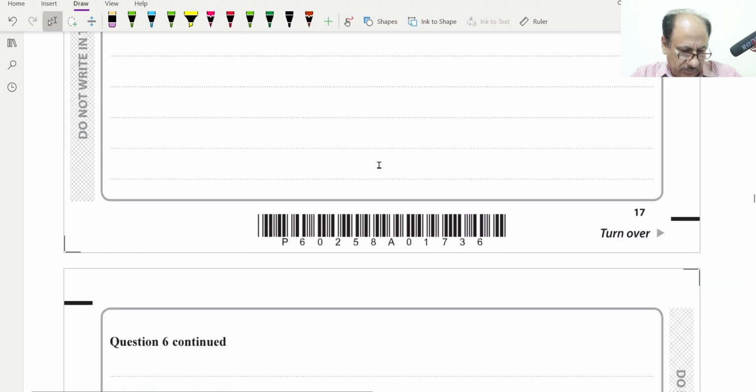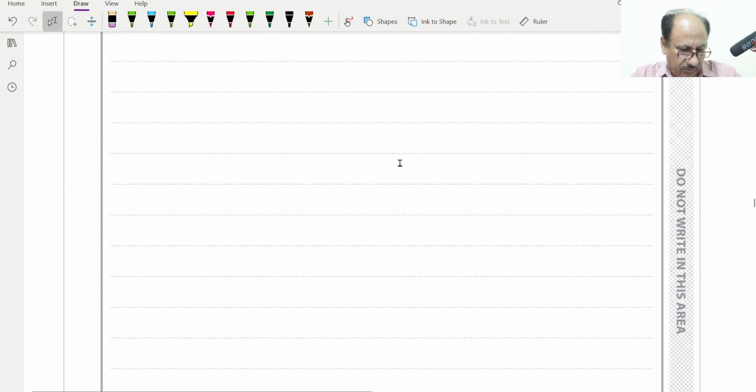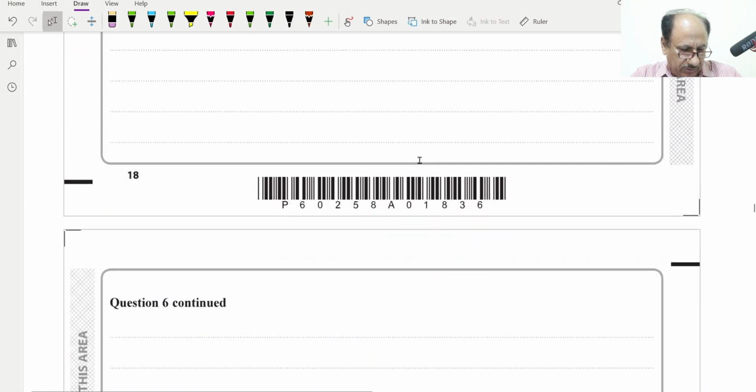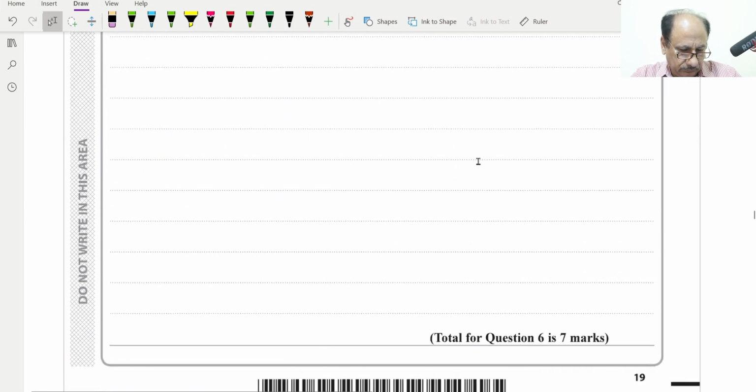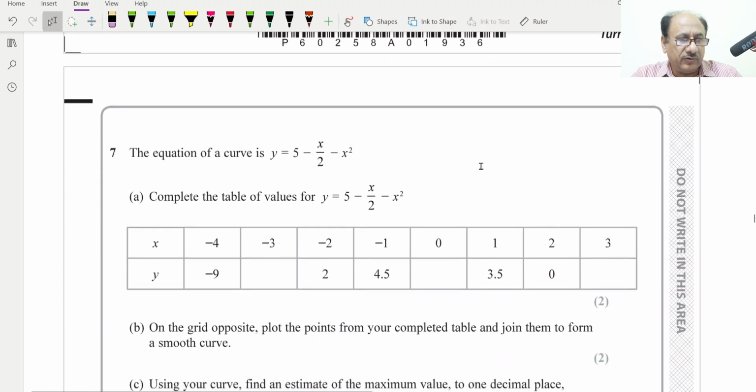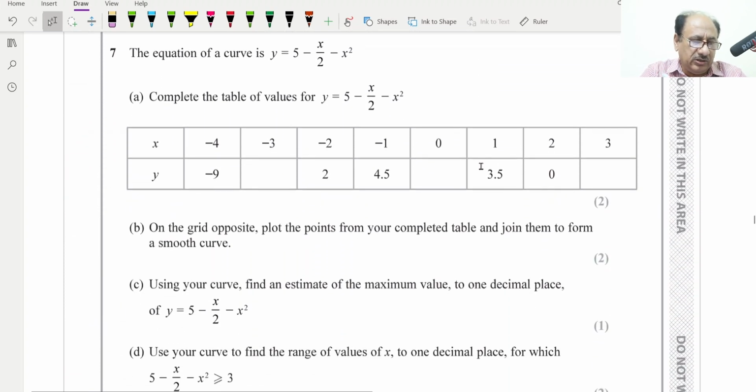question number 7. Question number 7 says, a lot of space is provided for this. The equation of a curve is provided over here, and we have to complete the values for that.